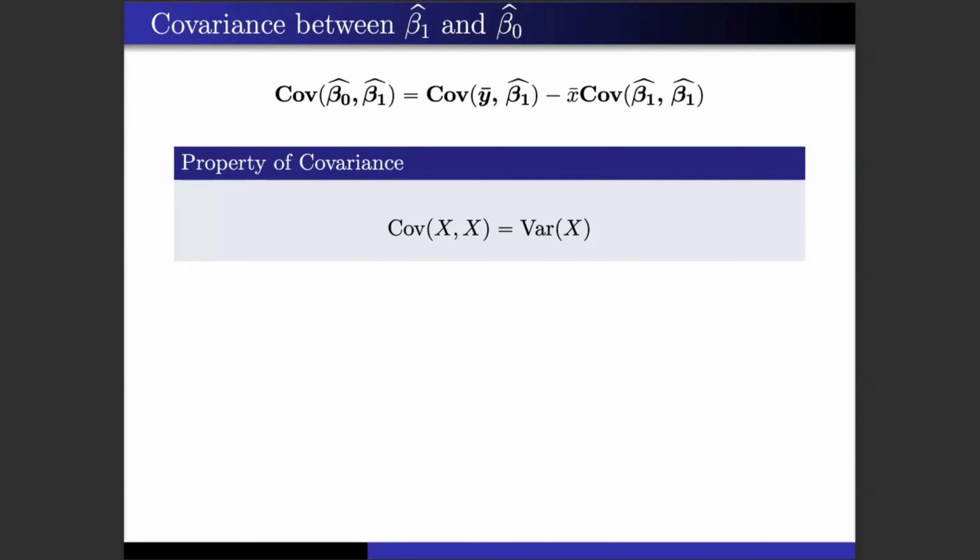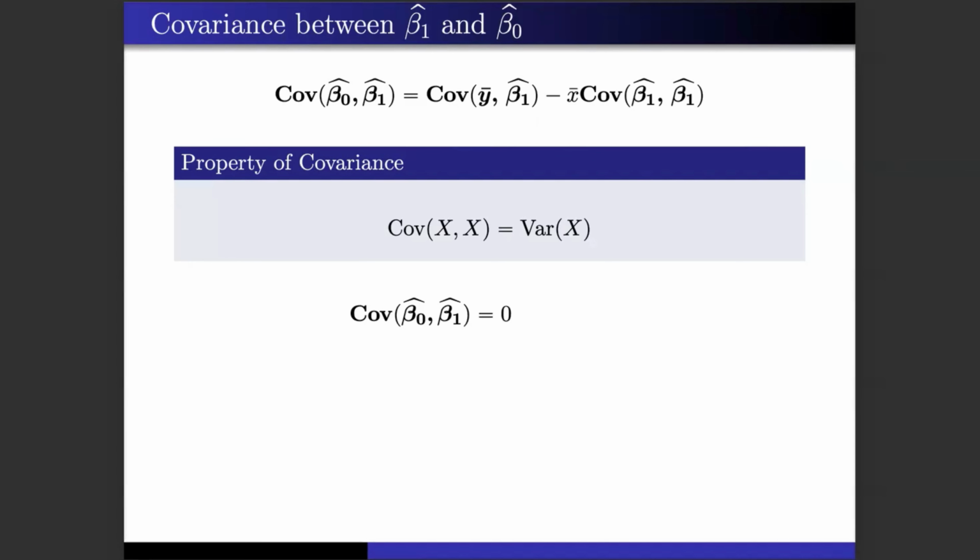In the next step, we would use another property of covariance, that is, if you find the covariance of a random variable with itself, you get variance of that random variable. So we use that property and we have covariance of beta naught hat comma beta 1 hat. The first term we have is covariance of y bar comma beta 1 hat, and we have just now proved that the covariance between y bar and beta 1 hat is equal to 0.